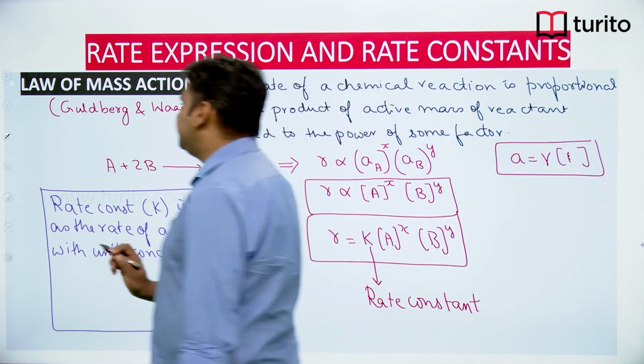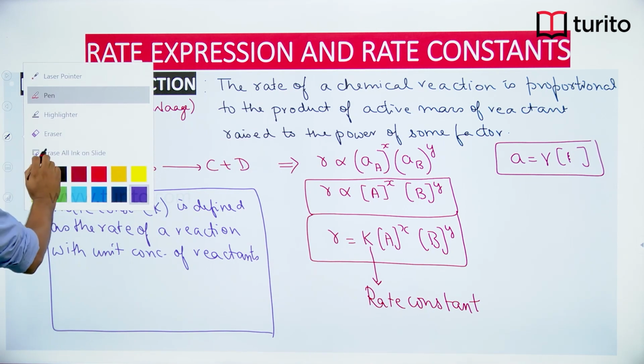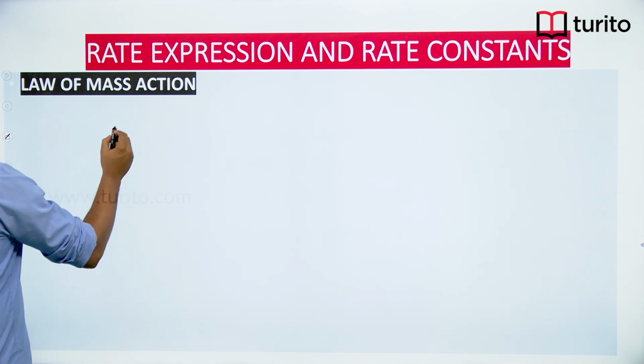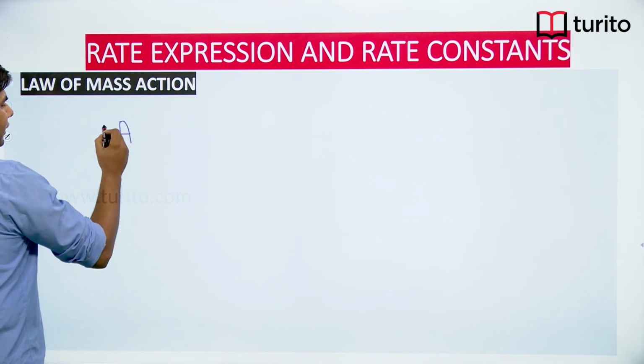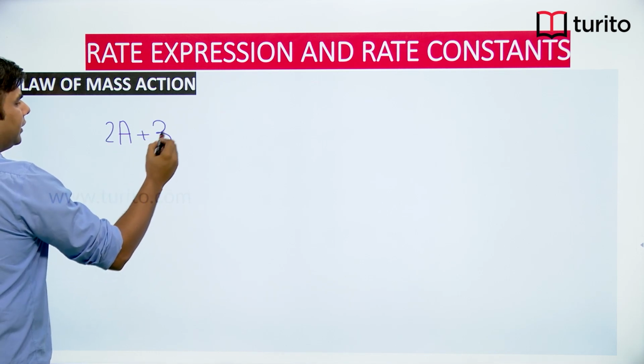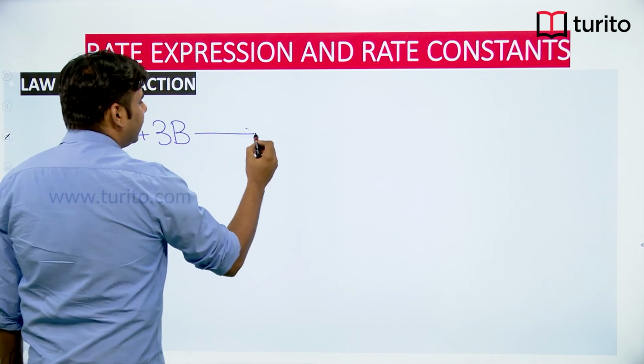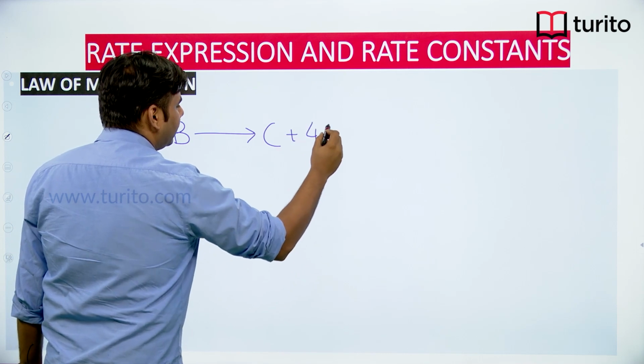So just look at some important parameters over here. Suppose we are having a reaction, say 2A plus 3B giving a product, say C plus 4D.